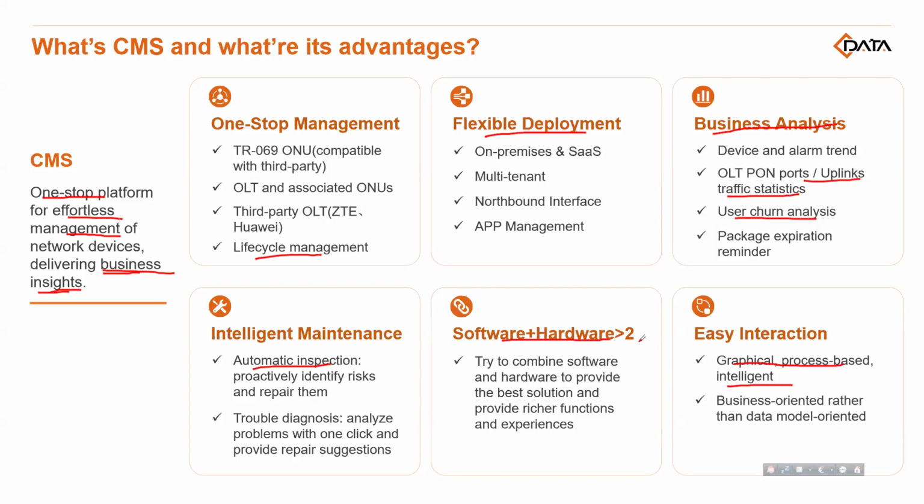For example, when displaying the details page of ONU, we try to get all the information through a specific node instead of getting parameters one by one. As a result, we can display the page more quickly, and so we get a better experience. So let's talk about our advantages.